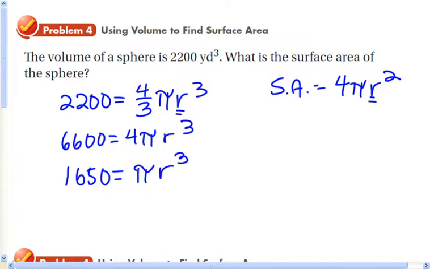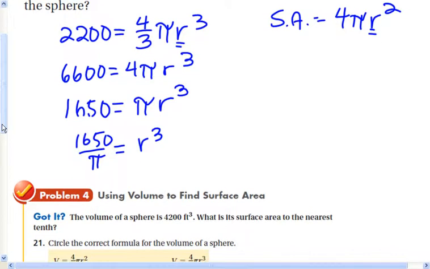And we're going to divide both sides by pi, so we get 1,650 divided by pi is equal to r cubed. And here's something that might be a little bit new to you, but the way we undo r cubed is we do what's called the cube root. So we're going to take the cube root of 1,650 divided by pi, and that's going to be our r.